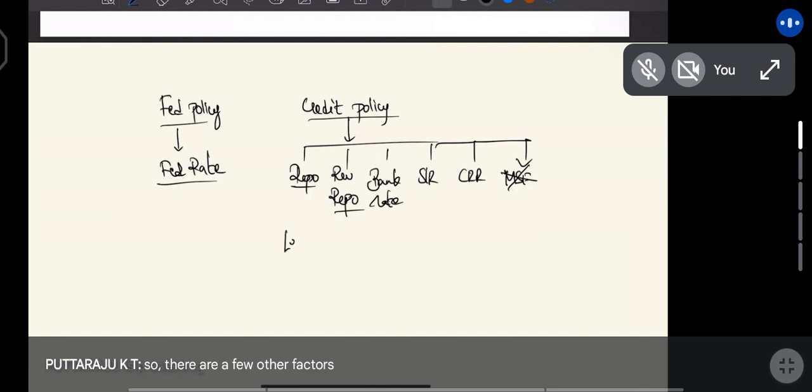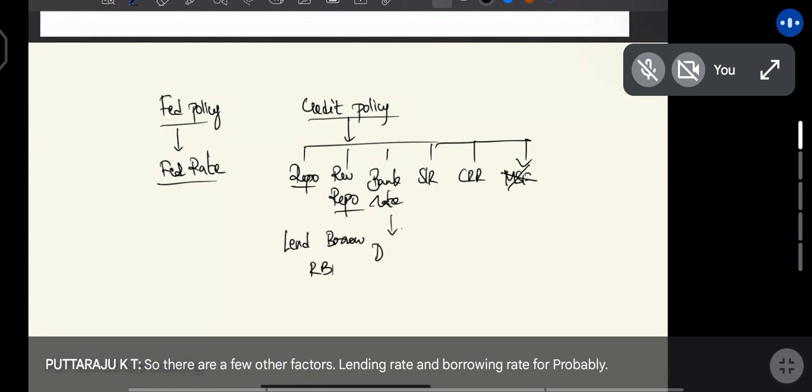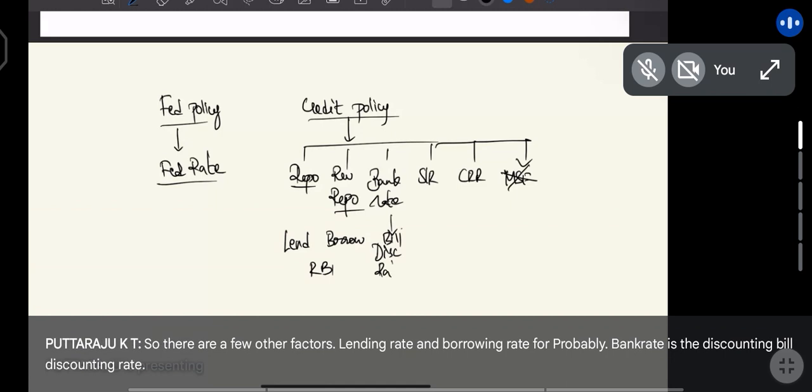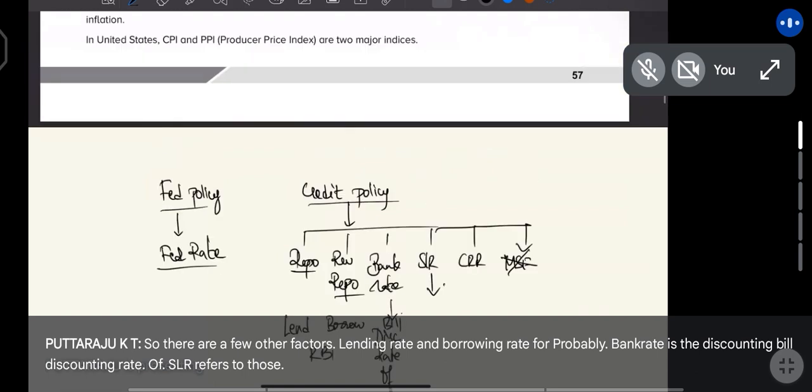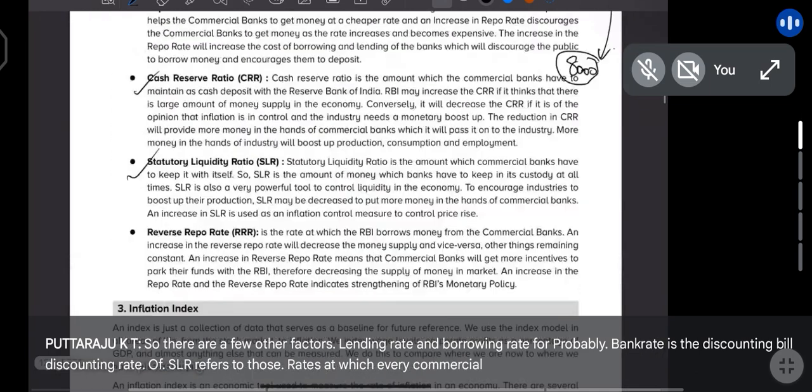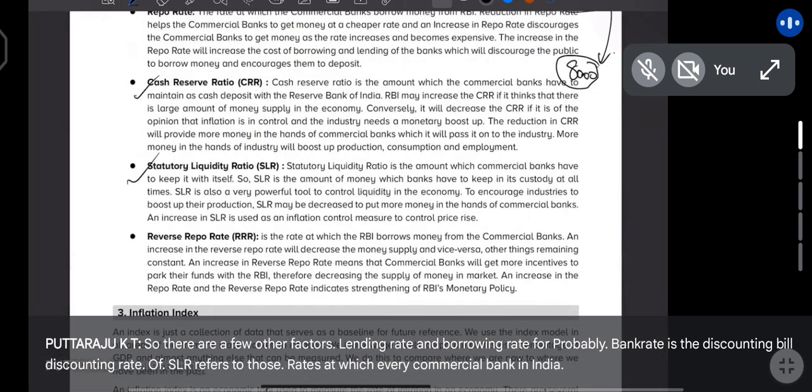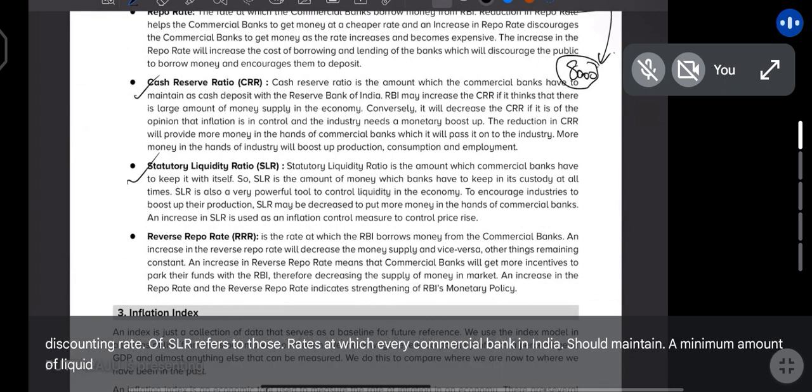Repo and reverse repo are the lending rate and borrowing rate for RBI. Bank rate is the bill discounting rate of RBI. SLR refers to the ratio at which every commercial bank in India should maintain a minimum amount of liquid assets with itself.